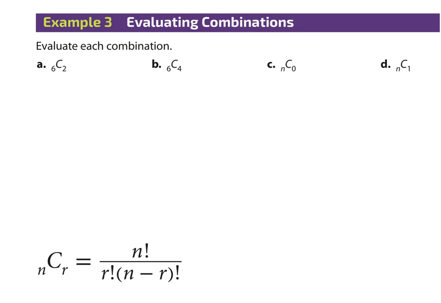So just make sure you know how to choose your probability menu, choose your combination, put in your 6 and 2, and you should get 15. All right, so that first one you should get 15.